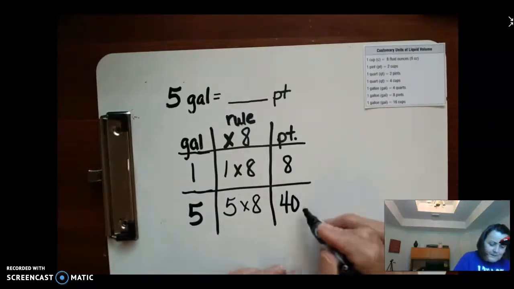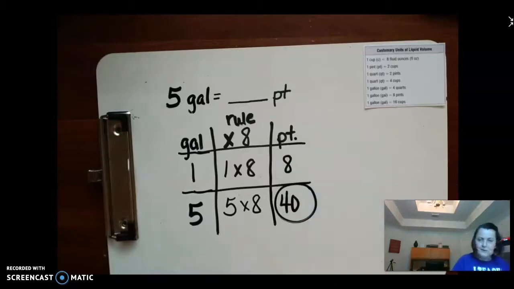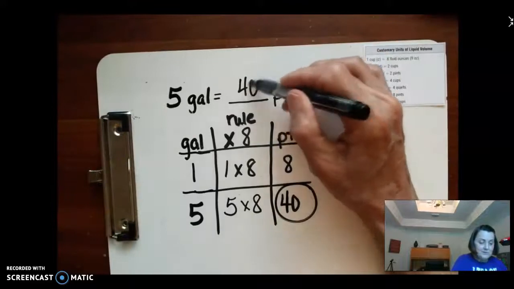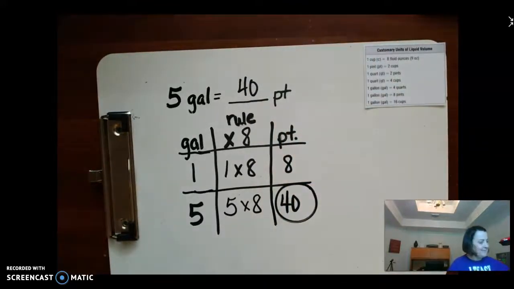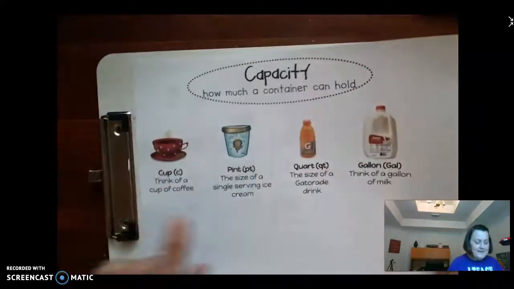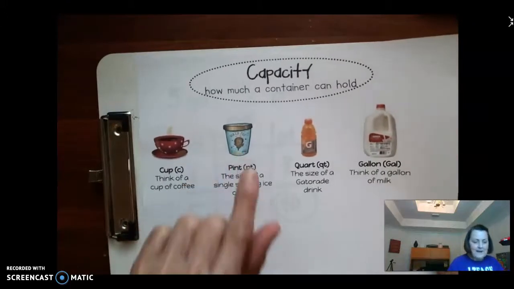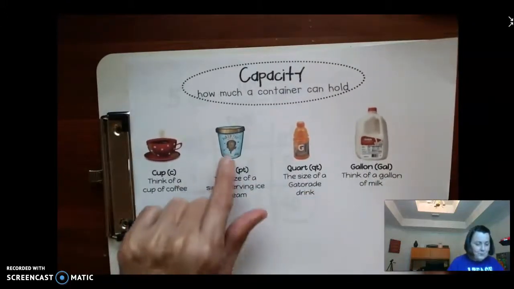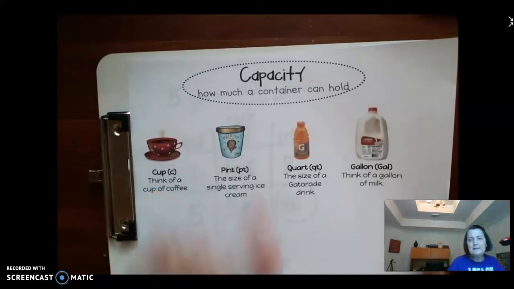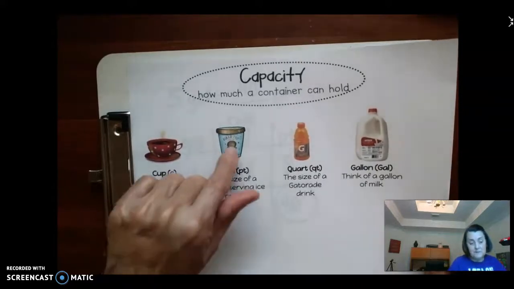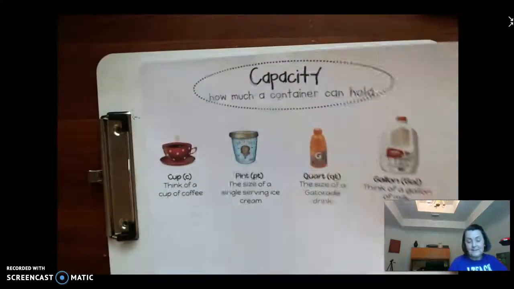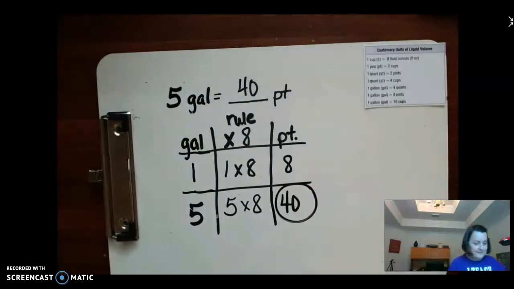That is 40 pints. So we know that 5 gallons is equivalent to 40 pints. Or we could say that 5 gallons of milk would take 40 containers of ice cream or milk this size to fill that up.